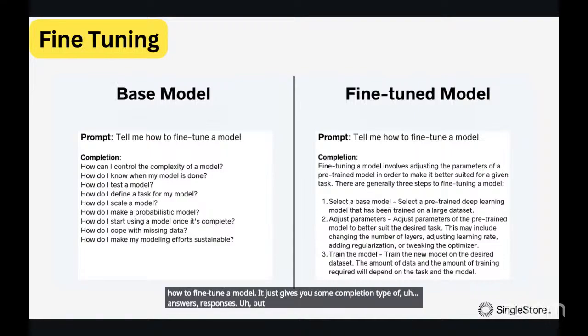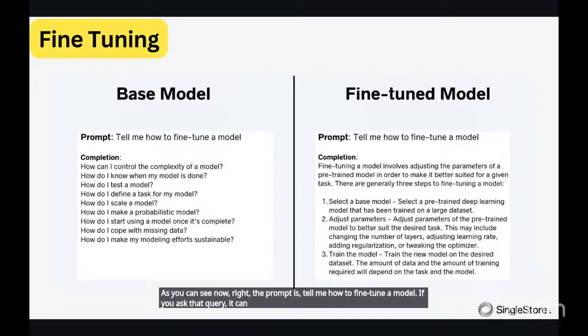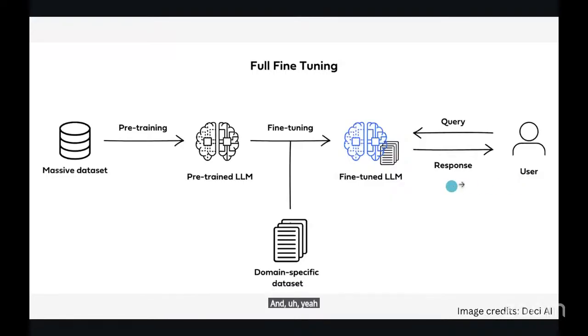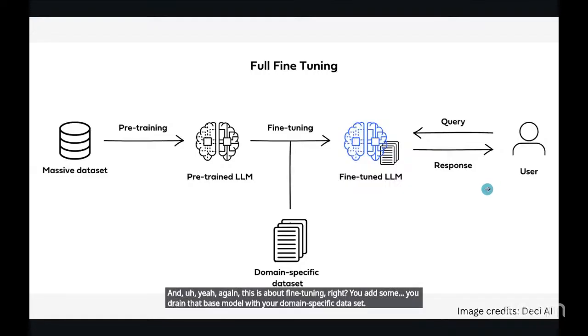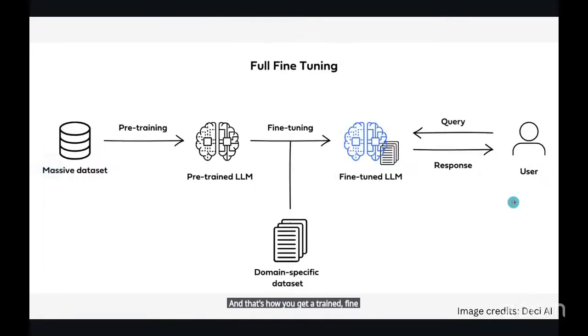But when the model is fine tuned, if you ask that query, it can basically give you a proper answer, right? So that's about fine tuning. Fine tuning requires a lot of effort and a lot of computing power. You train that base model with your domain specific data set, and that's how you get a trained, fine tuned LLM.